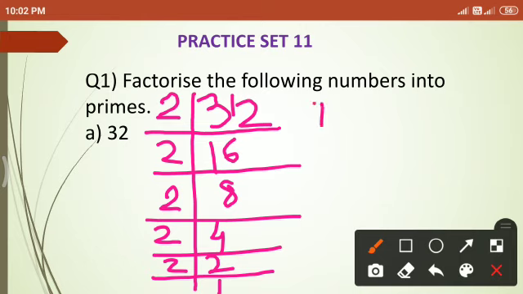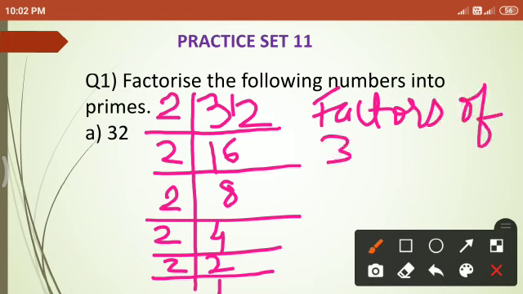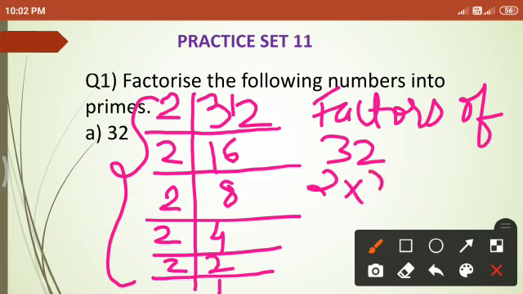Now we have to write down the factors of 32. So these are the factors of 32, that is 2 into 2 into 2 into 2 into 2. Clear everyone? So like this you will solve your practice set 11.